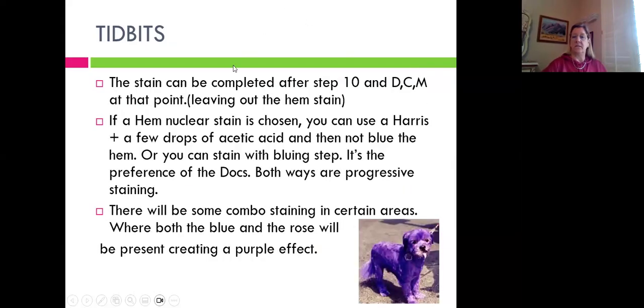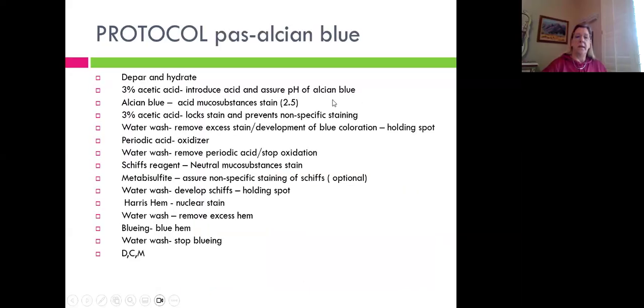Now, tidbits. You can actually stop this stain after step 10 and DCM at that point, leaving the hematoxylin out. So if we go back here, you can stop right here after you've developed in this holding spot and go directly to DCM.